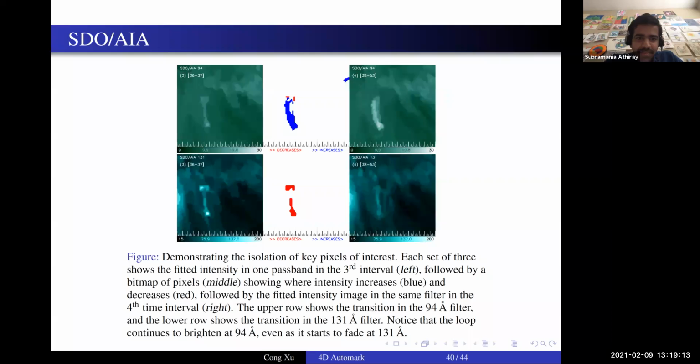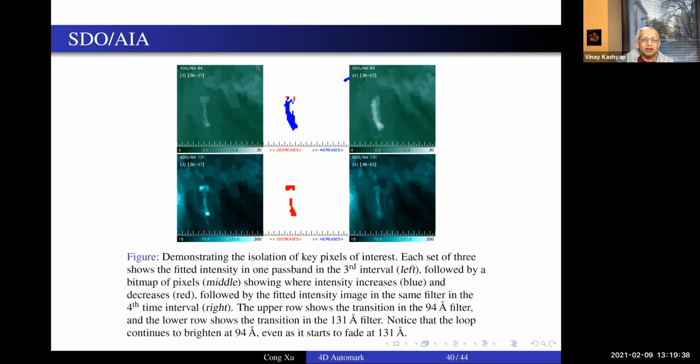Yeah, I have a couple of questions. So the model, is it taking the AIA response? Not the response, just the images. Yeah, response in the sense of the PSF. So when you convolve it, I still see some sort of blurriness. Is it coming from the model which we do?